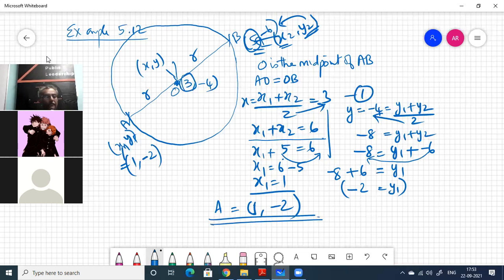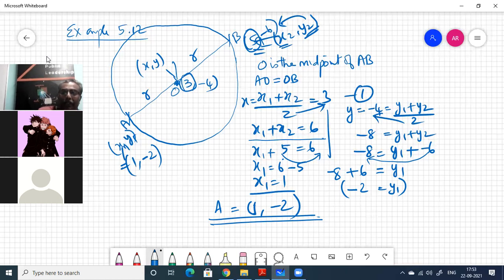This is a slight twist on the problem. Instead of asking you to find the midpoint, they are giving you the midpoint's abscissa and ordinate, and giving you one other point, and asking you to find the other point. So you assume x1, y1 you don't know, and you already know the midpoint (3, -4) and the other point (5, -6).